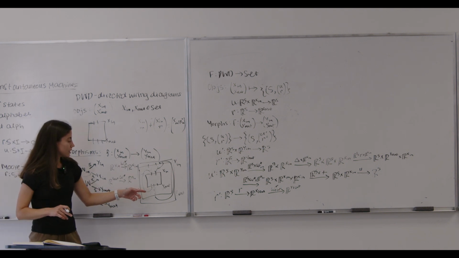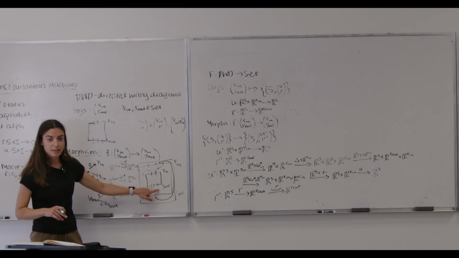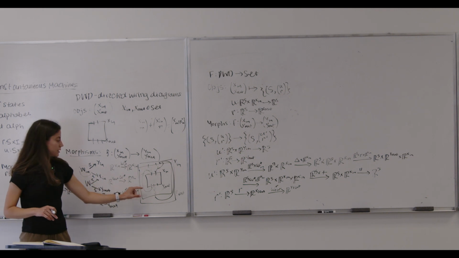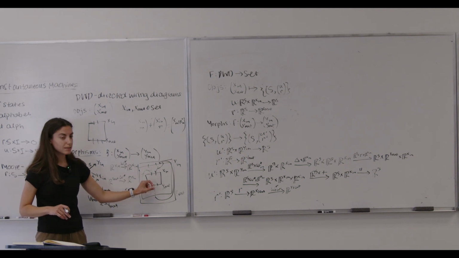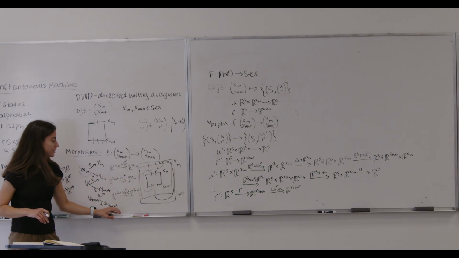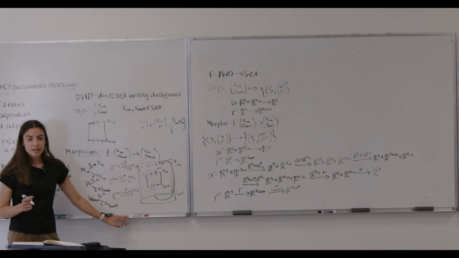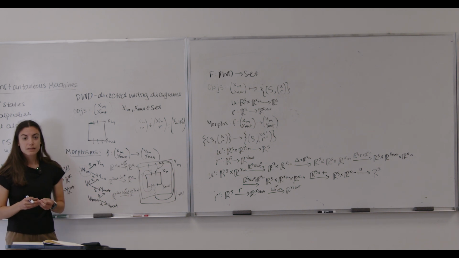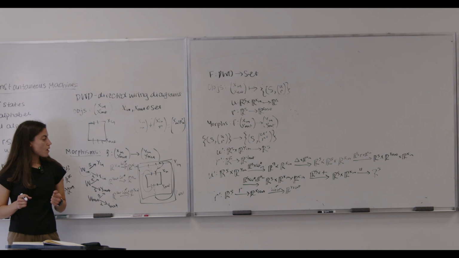You just drew an arrow going from its outputs to its inputs. So what does that connect to? What role does that play in the composition?